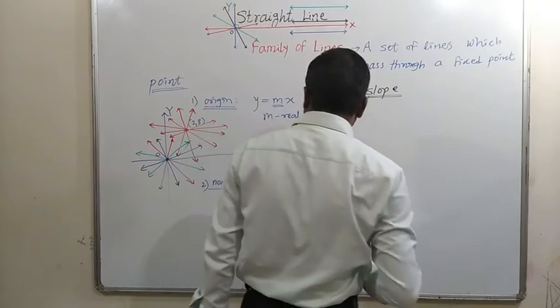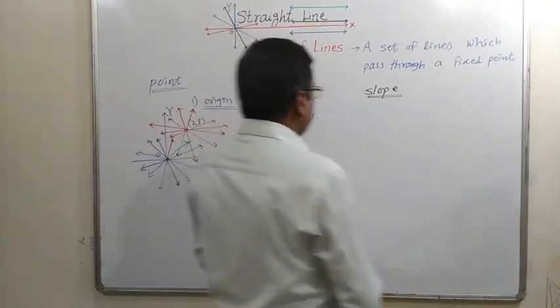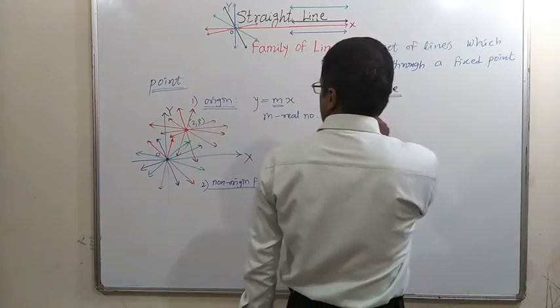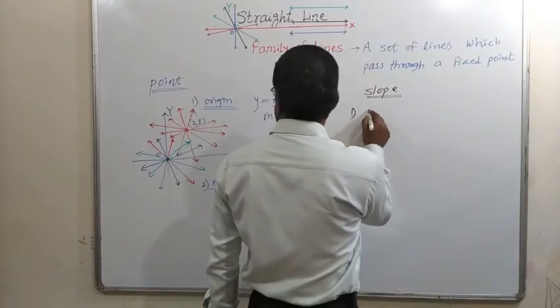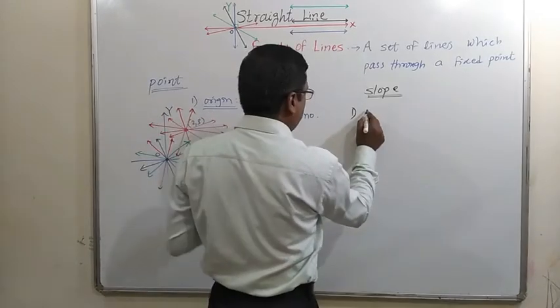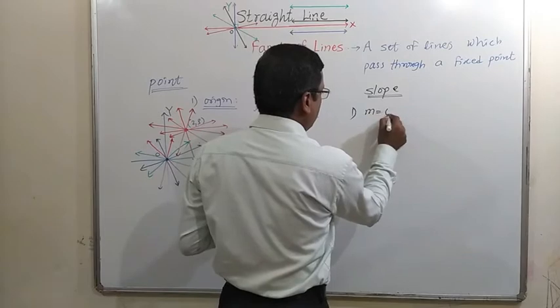Suppose we fix the slope of a line. Here, as with the origin we took as the first point, we will take the slope as 0, m equal to 0.